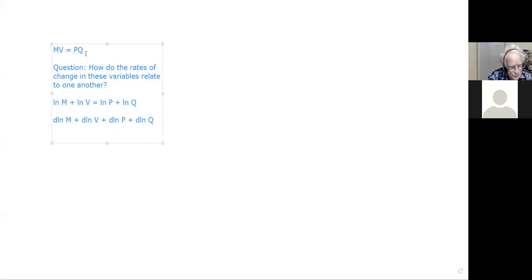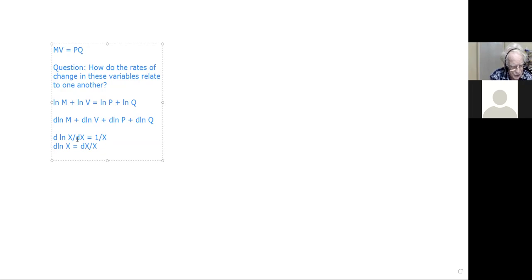Now we know from calculus that the derivative of the natural log of a variable, call it x, with respect to x is equal to 1 over x. Now suppose that we multiply through both sides of the equation by dx, the differential in x. So we have the differential of the natural log of x equal to dx divided by x.